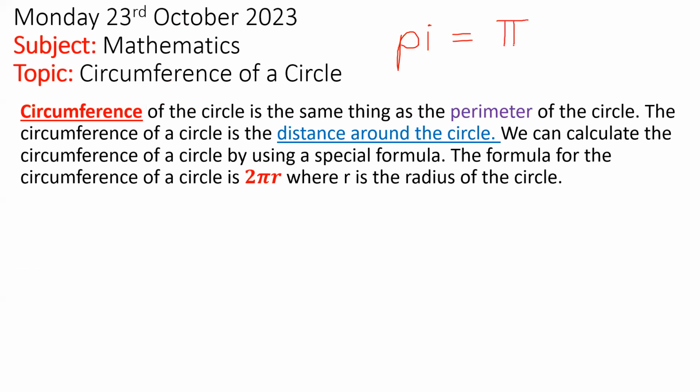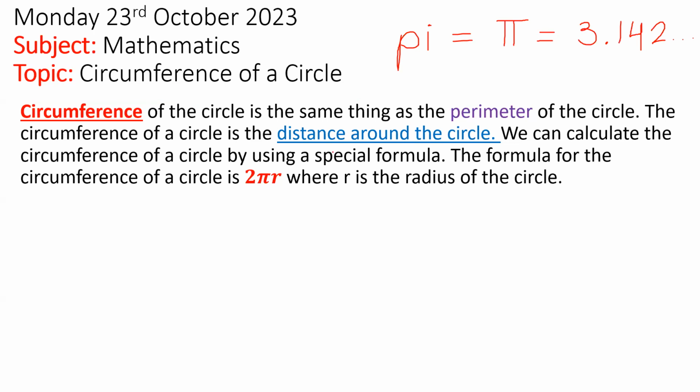And this is equal to approximately 3.142 and continuing on. So pi is a special number.